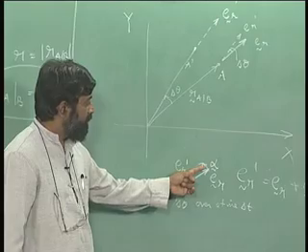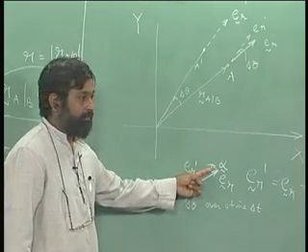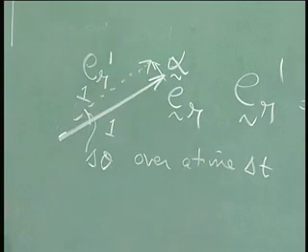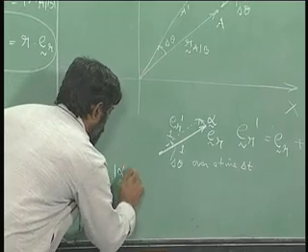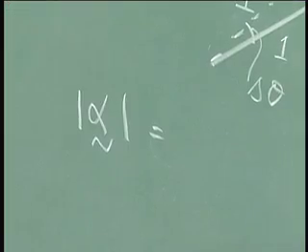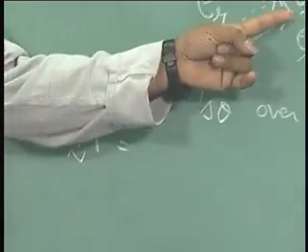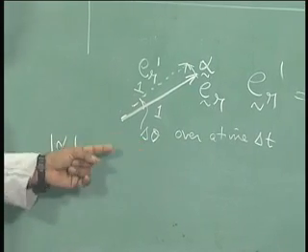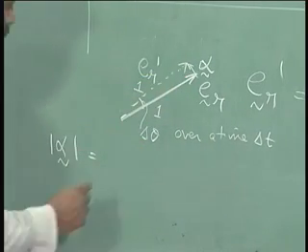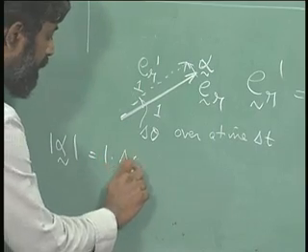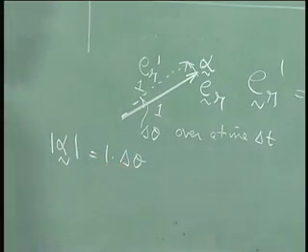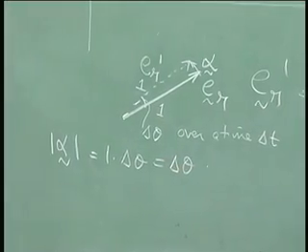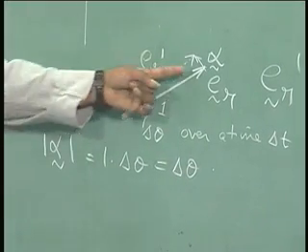Let us now focus on alpha, alright. What is the magnitude of alpha? Well, that is not very difficult, since this radius is 1 and it has gone through a delta theta, the magnitude of this should be 1 times delta theta, okay, which is delta theta. What is the direction of this?